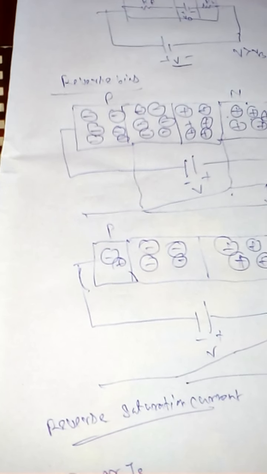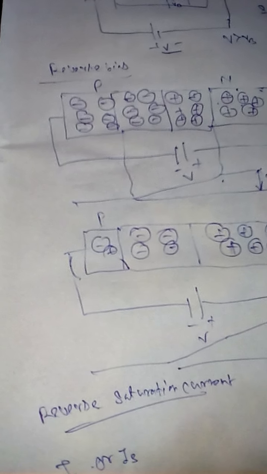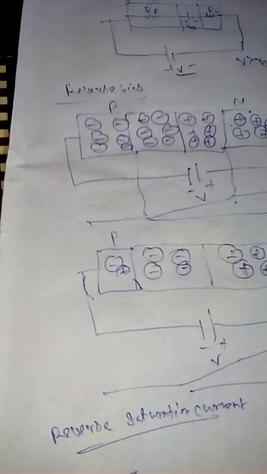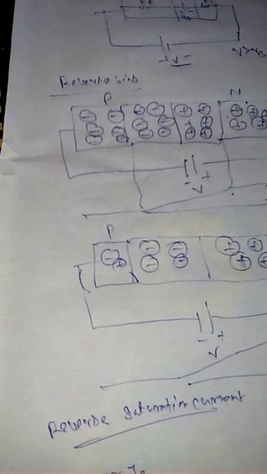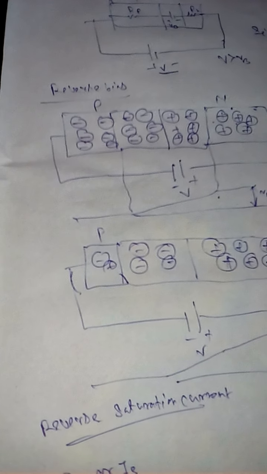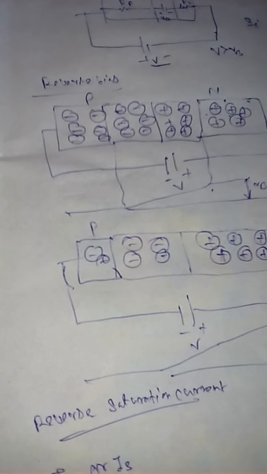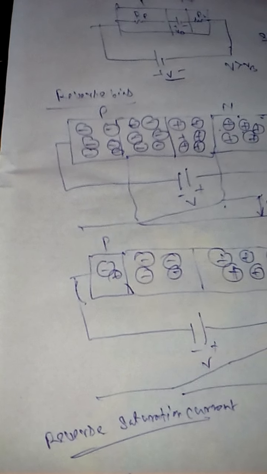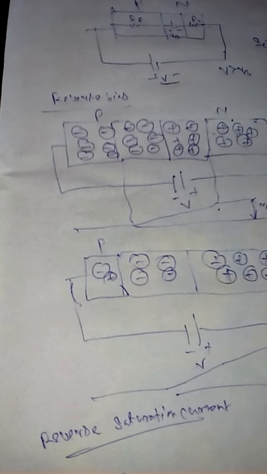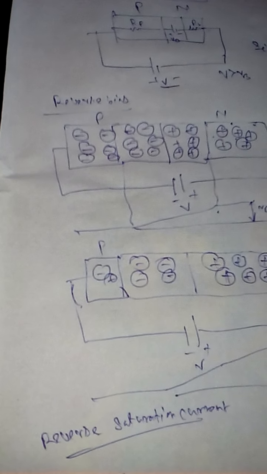The reverse saturation current is in the nanoampere range for silicon and microampere for germanium. The reverse saturation current for a silicon device is smaller than germanium because silicon has a very large energy band gap, 1.1 electron volt, between the conduction band and valence band. As a result, fewer minority carriers are thermally generated at any temperature in silicon than in germanium.